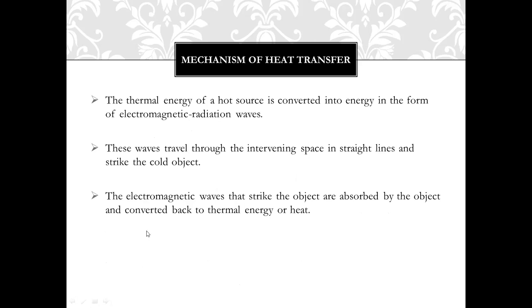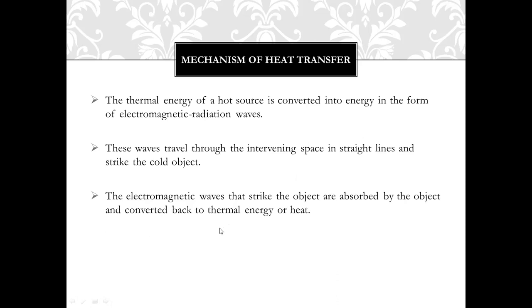Now, the thermal energy of a hot source is converted into energy in the form of electromagnetic radiation waves. Then these waves travel through the intervening space in straight lines and strike the cold object.